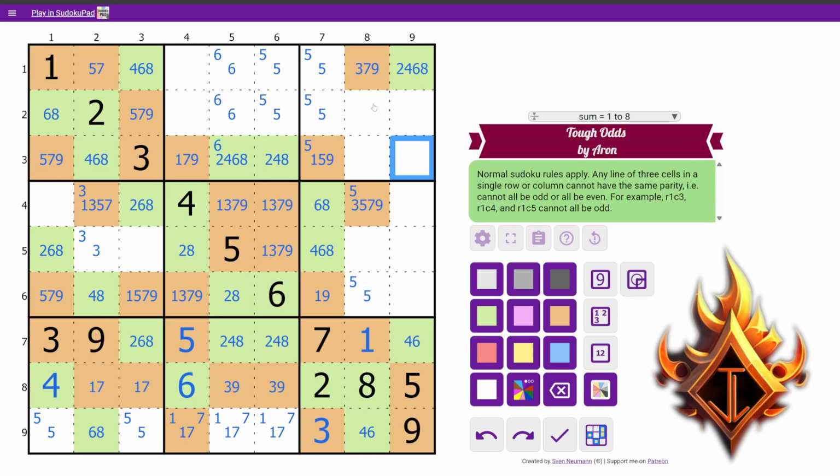Which I guess is the bigger issue. But if this is even, then this row will need 1 more. But that's no problem, because this row could just use 1 more. And I think that would be okay.